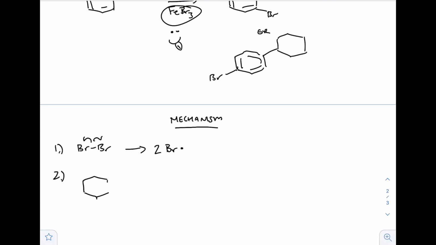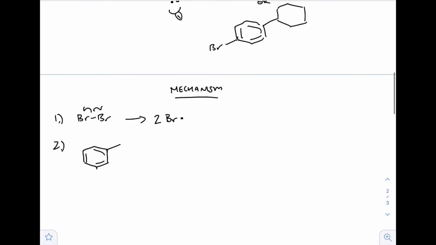Okay, so here's the mechanism. Not that we need it because we already know how to do this, but it's nice to see things over and over again. That way they're just stuck in your head. So in that propagation step, we're grabbing that benzylic hydrogen atom, yielding the benzylic radical as well as HBr.